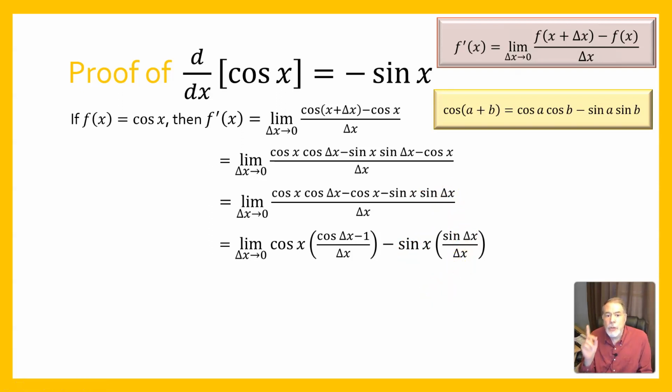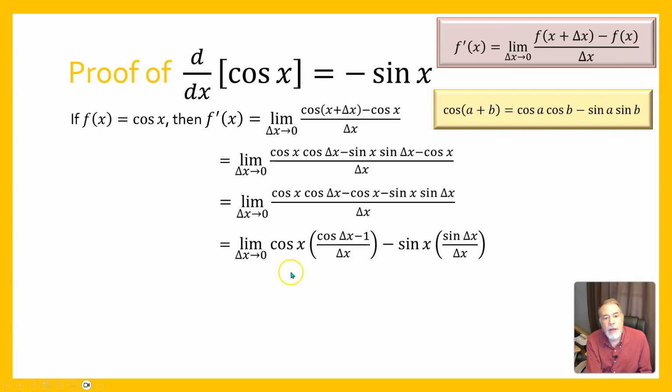And now, as far as the limit is concerned, the variable is delta x. And x itself isn't going anywhere. It's a constant as far as this limit is concerned.